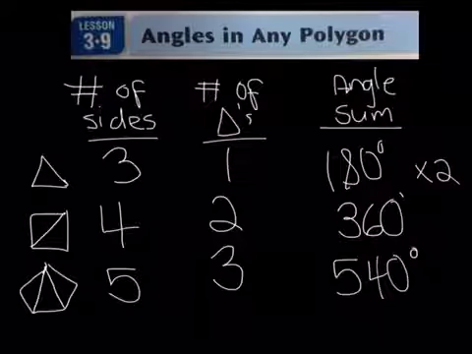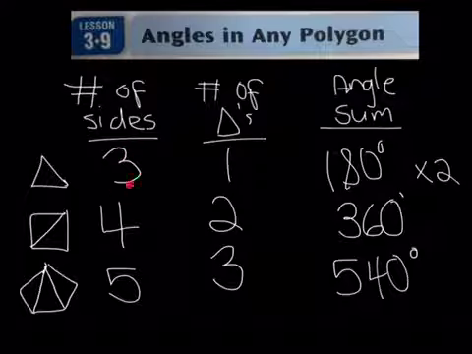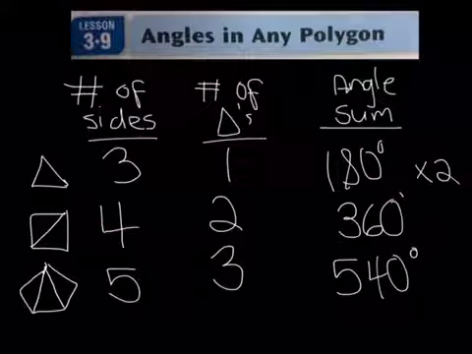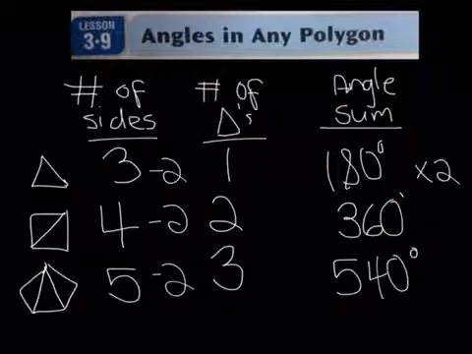Okay? Let's see if we find a pattern here, boys and girls. When we have 3 sides here, we have 1 triangle here. 4 here, 2. 5, 3. What is the difference between all of these numbers? If you said minus 2, you are correct. So here's the trick.